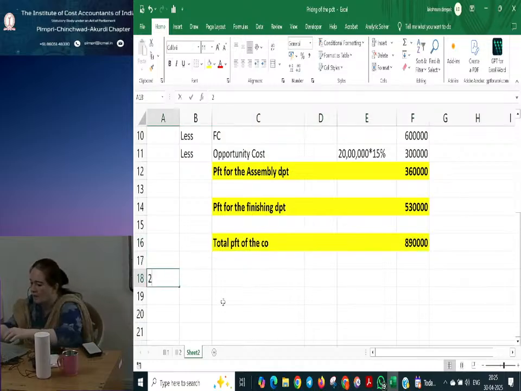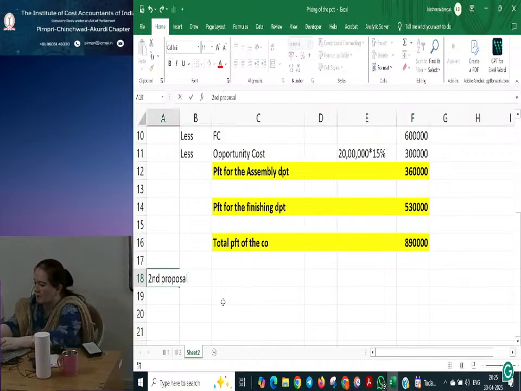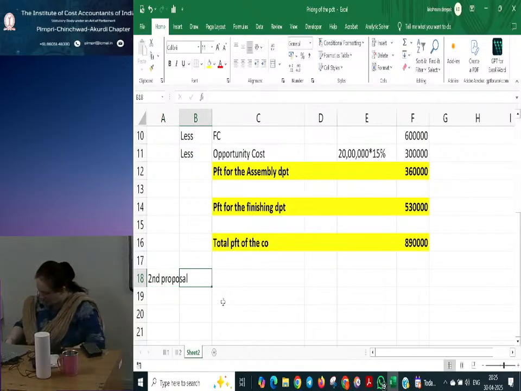Got it? Then we move on to the second proposal. What is our second proposal? The finishing division has proposed a transfer of the whole output of the assembly division for rupees 280 per unit, and additional units can be sold in the market at the existing price, which will involve advertisement expenses of 4 lakhs, and fixed cost in the division will go up by 1 lakh. So how is this going to impact?